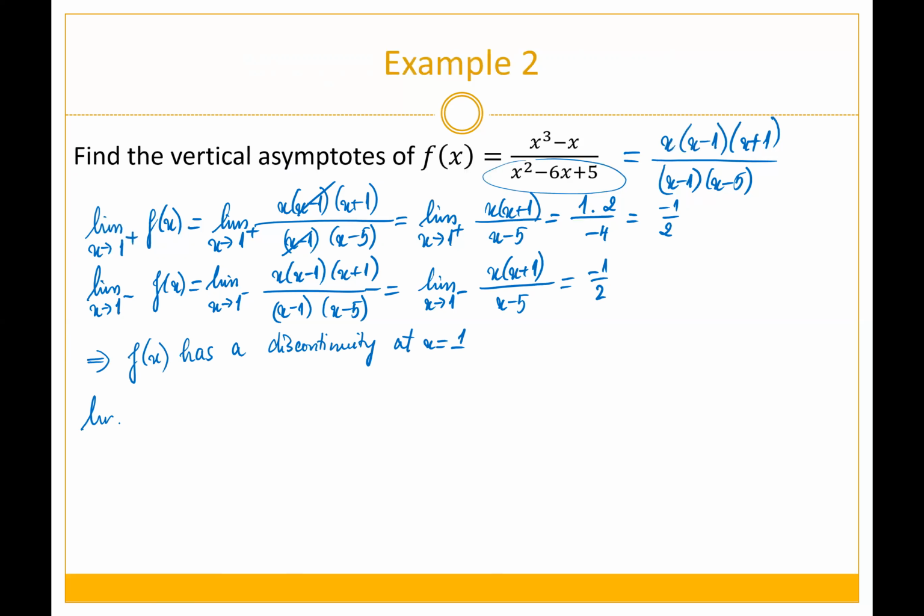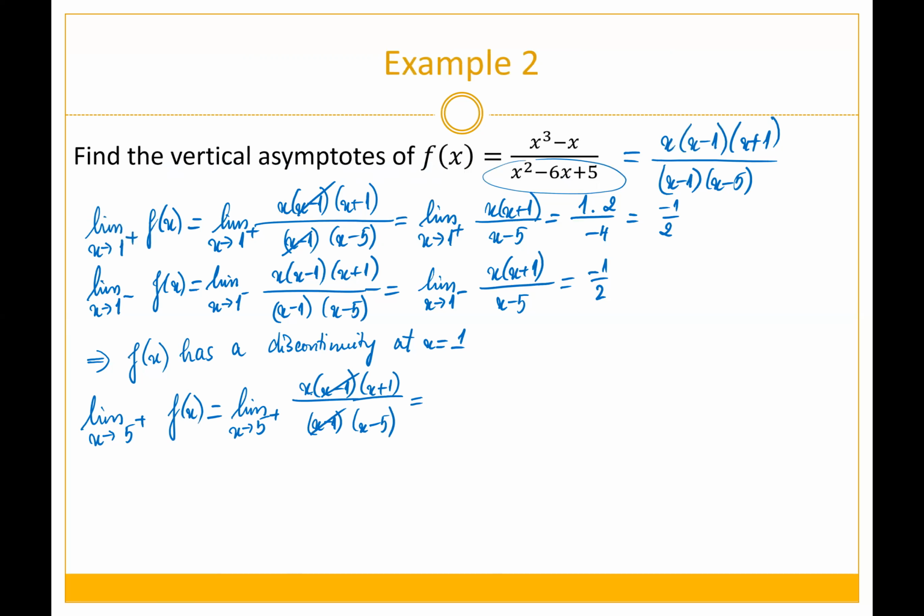Now we find the limit of x approaching 5 plus and 5 minus, the same thing. We're going to have the limit of x approaching 5 plus. Then we have x minus 1, x plus 1, x minus 1, x minus 5, and x approaching 5 plus. So these two cancel out because it's just a constant.